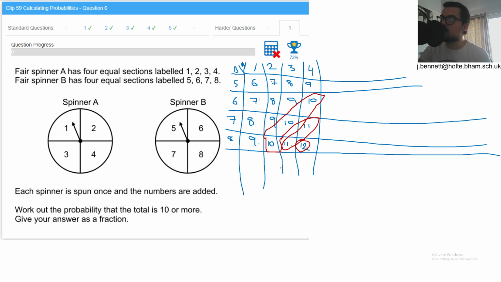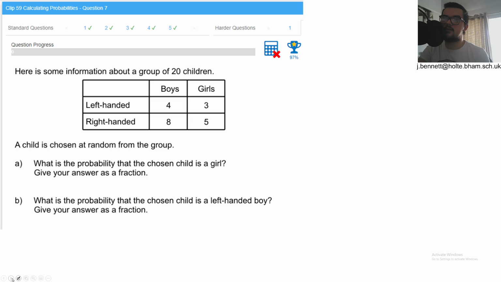We have 6 outcomes that are 10 or more. So 6 is our top fraction over the total number of outcomes. Total number of outcomes is 16. We have a box of 4 by 4. That adds to 16. We can simplify this to 3 over 8. Here is your answer, 3 over 8.